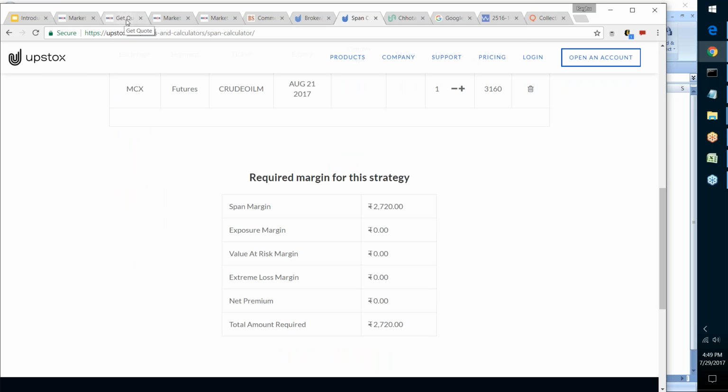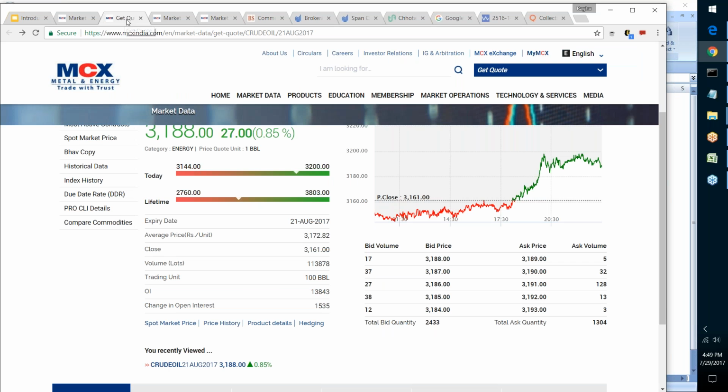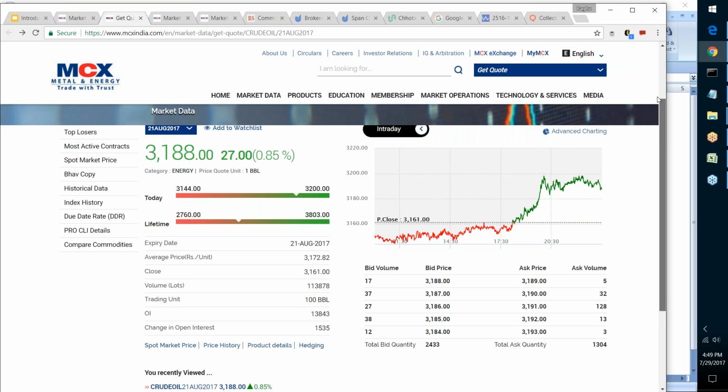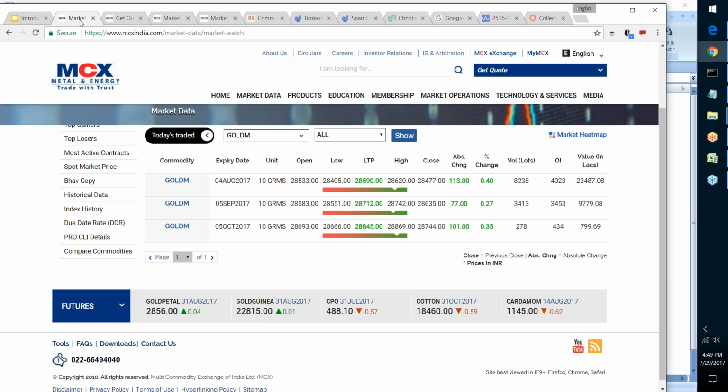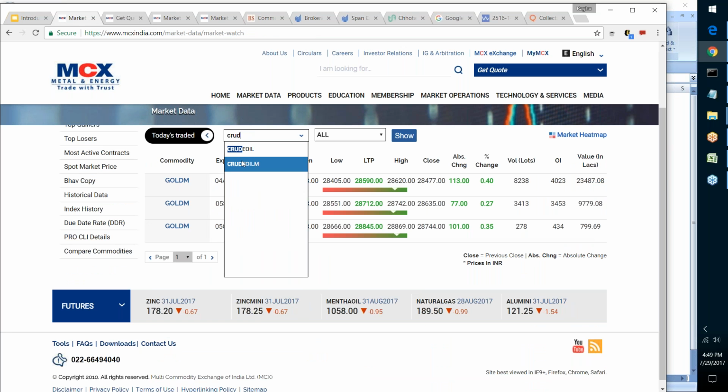Now the same thing. I asked you guys earlier which contract you should trade between gold and gold mini. Well, same thing with crude oil, because the number of lots done on crude oil is much, much higher than crude oil mini. So when you're starting out to trade commodities, trade crude oil mini. Once you're comfortable with crude oil mini, you can trade crude oil.